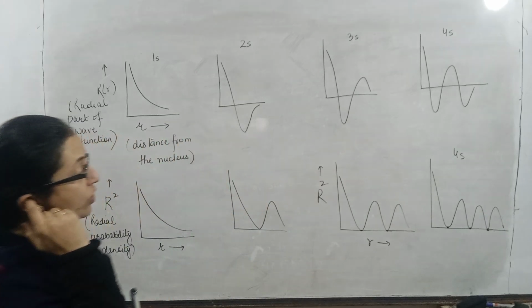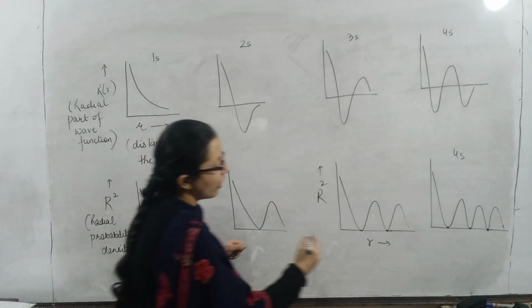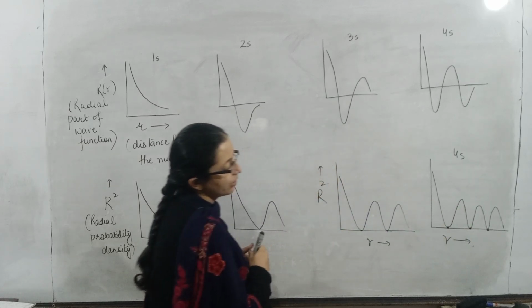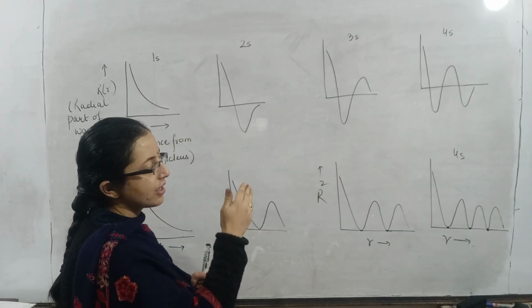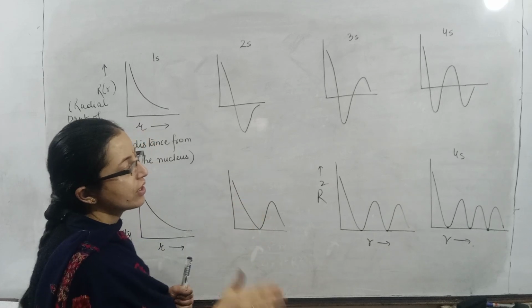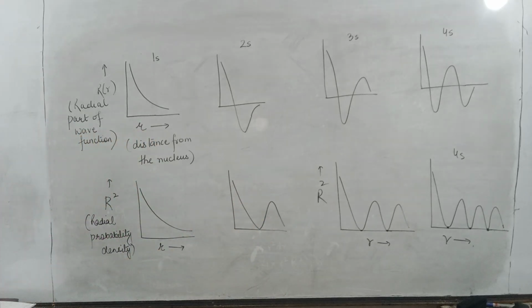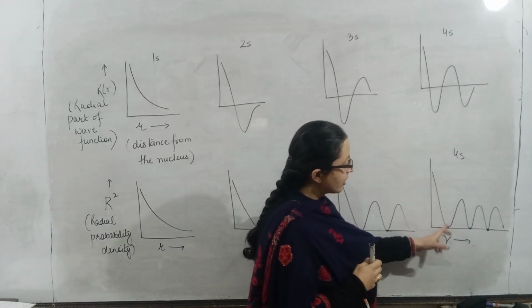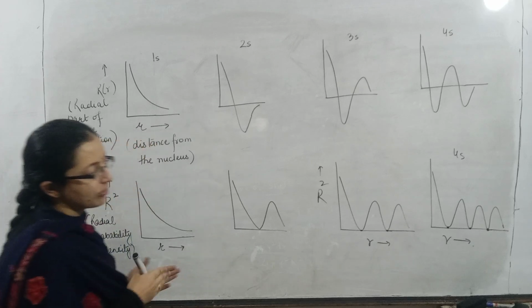Okay? So for 4s orbital, as we move away from the nucleus, the radial probability density increases, then decreases to 0, then again increases. So accordingly we have 3 peaks, and this is a decreasing curve from the nucleus.